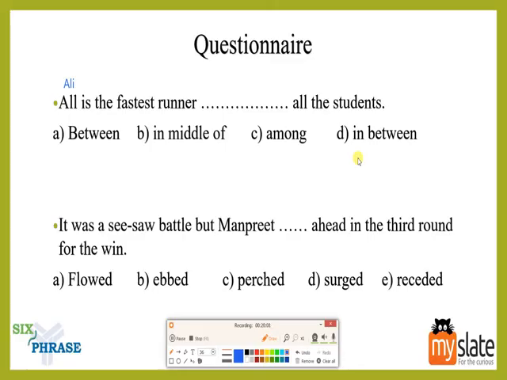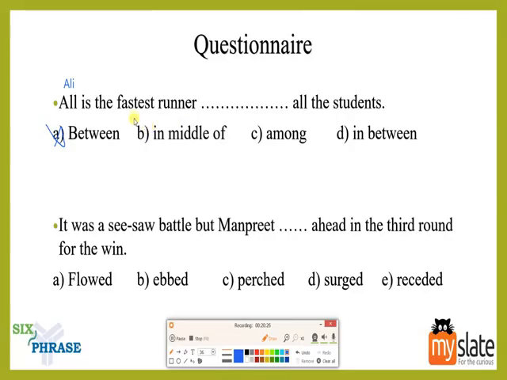So when do we use "between"? We use between when there are two things and there is a thing sitting in between them, right? When you want to describe the thing which is in the center, that is when you use between. Okay, so between does not work. Okay, so what about "in the middle of"? See, "Ali is the fastest runner in the middle of all the students."